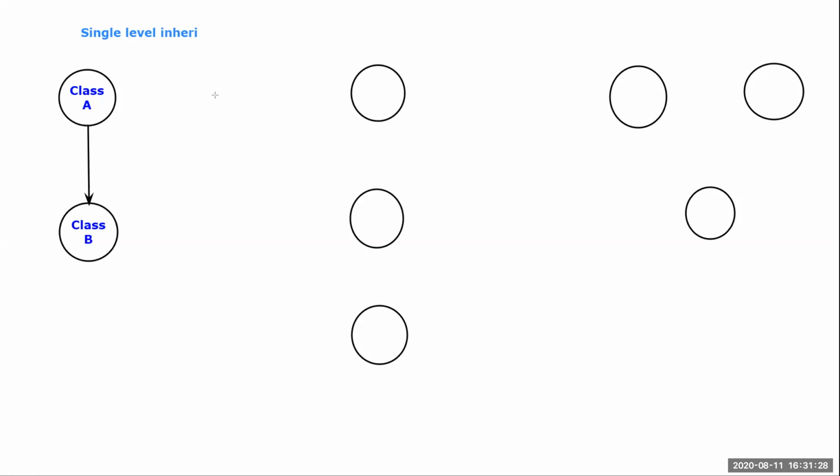So you can only create a class B object. Class A object is not necessary because we have passed class A as a parameter to class B. You create an object only for class B, then you can access both the class A method and the class B method also. That is single level inheritance. I'll show first what is single level inheritance.